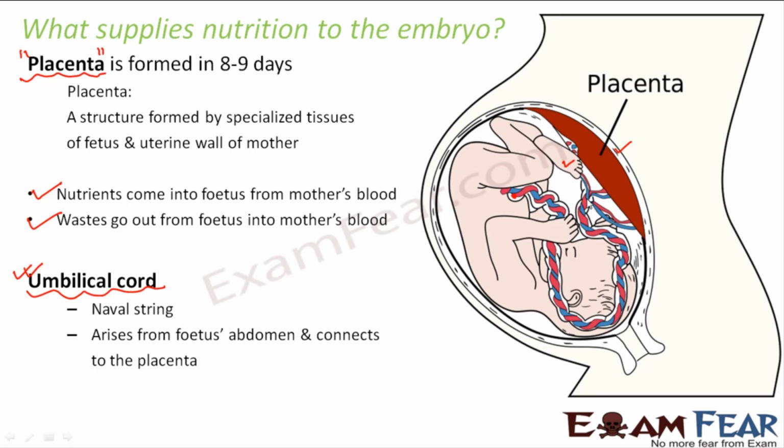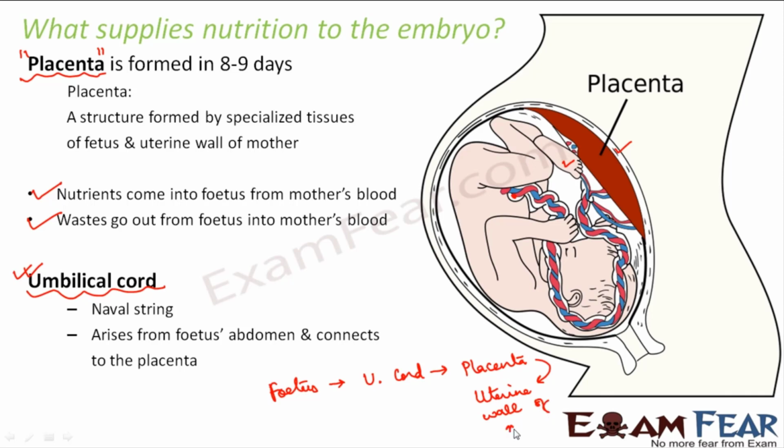So we can say that the link between the fetus and the mother is somewhat like this. If this is the fetus, the fetus has an umbilical cord which connects it to the placenta, and the placenta connects it to the uterine wall of the mother.